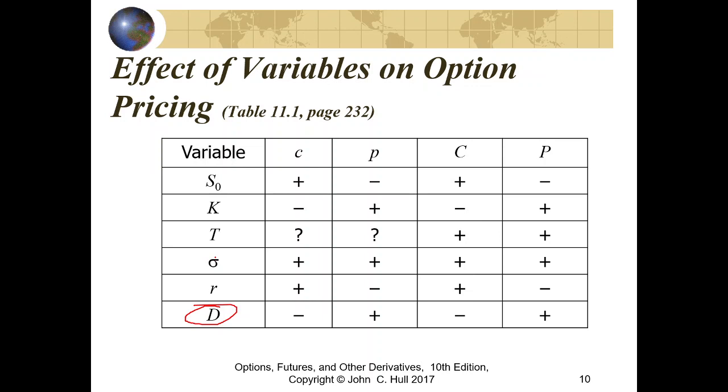Let's move with the next 2 factors, then we will discuss the effect of the dividends. So the volatility, or the underlying stock price standard deviation, has a positive relationship whether we are dealing with calls or puts, American or European.